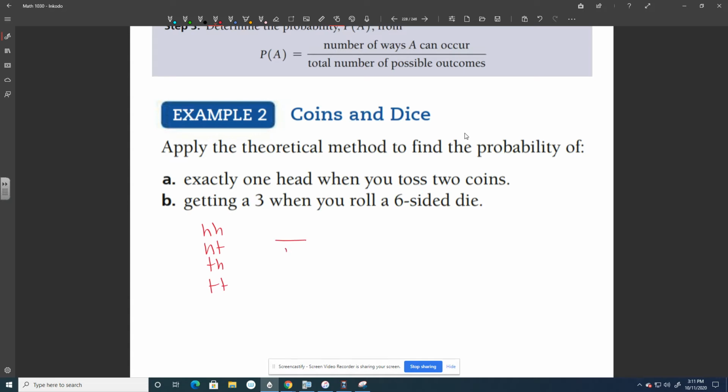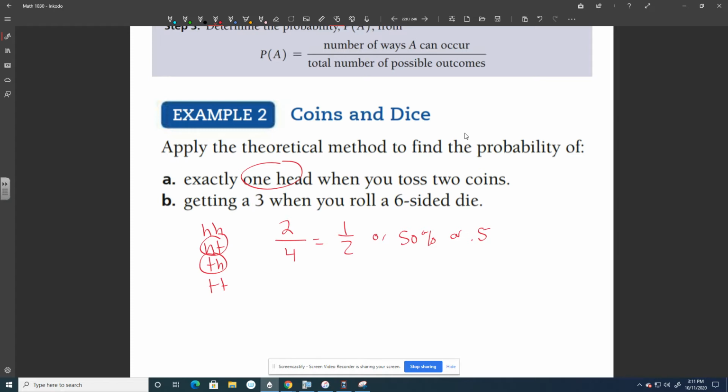So there are 4 different possible outcomes. And if I want to know the probability of 1 heads, that's 2 different ways that can happen. So I have a 1/2 or a 50% or a 0.5 chance of that happening. All of those are different ways to say the same thing.